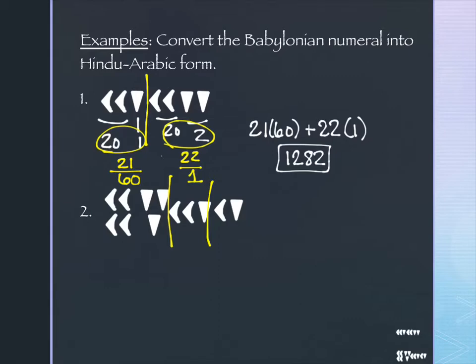How much was that? 43. In between my 2 yellow lines, I have 2 10s and 1 1, 21. And then after my last yellow line, I have 1 10 and 1 1, 11.